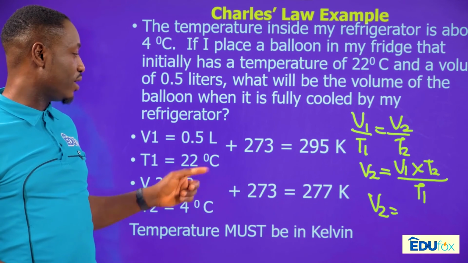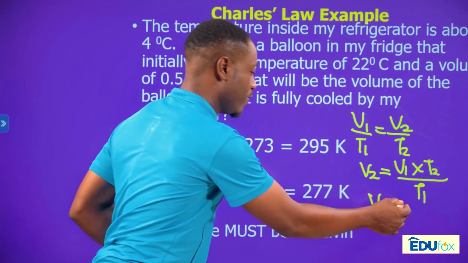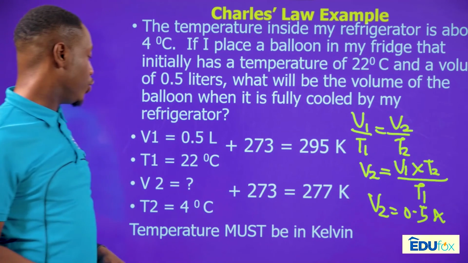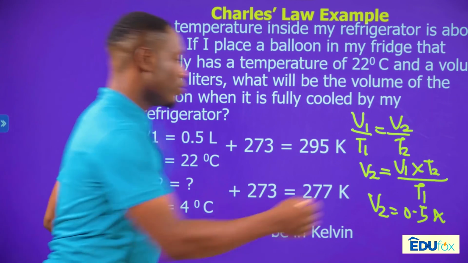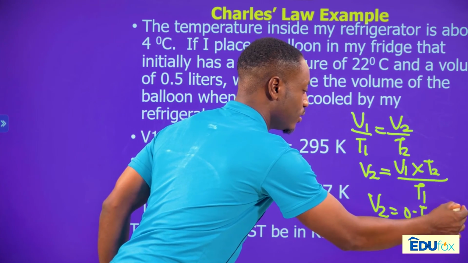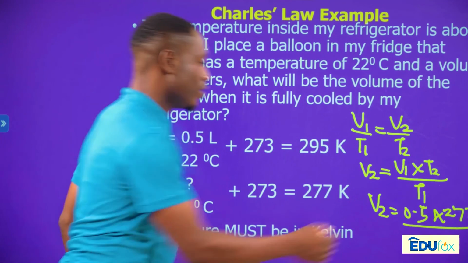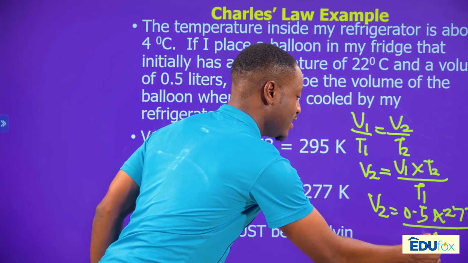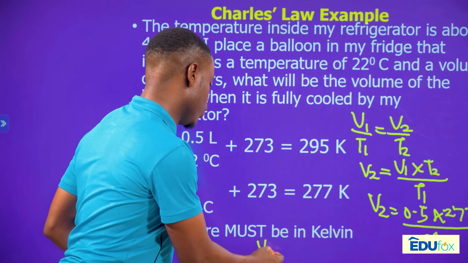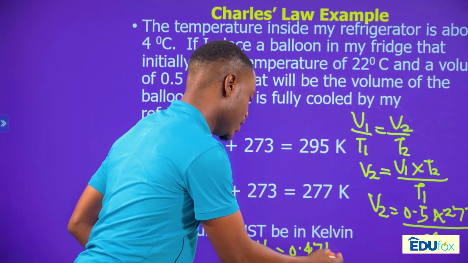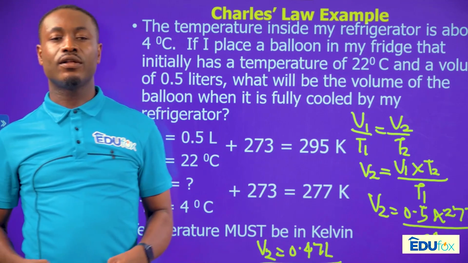So V2 is 0.5 multiplied by 277 over 295. V2 gives you a value of 0.47 liters as your final answer.